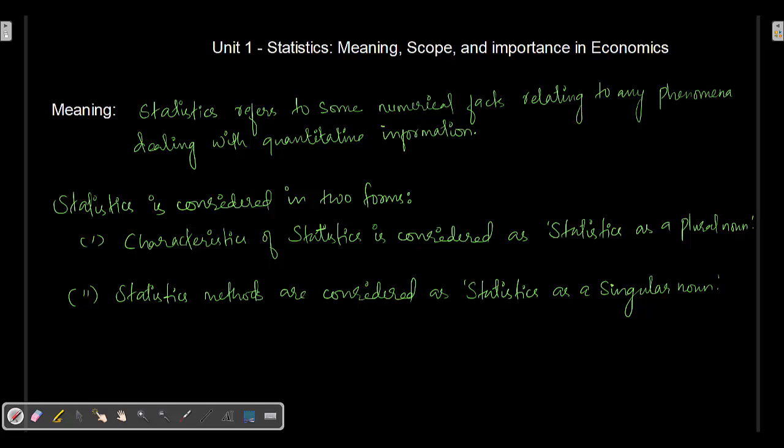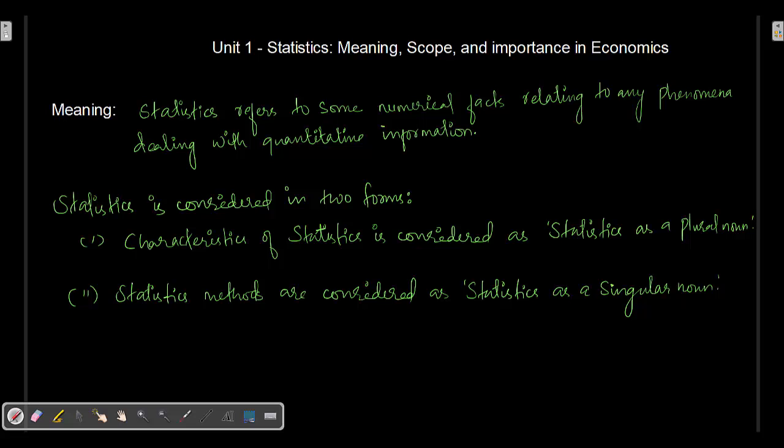So here, what do you mean by statistics? The first thing that we have to understand in order to learn the scope and also the importance of statistics in economics, we have to first know what statistics means. So statistics refers to some numerical facts relating to any phenomena dealing with quantitative information.